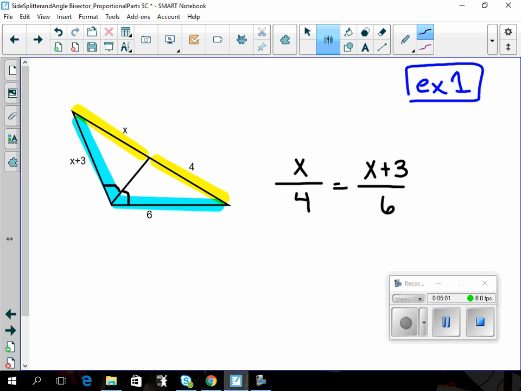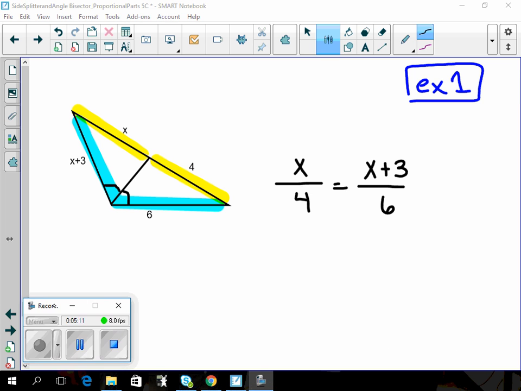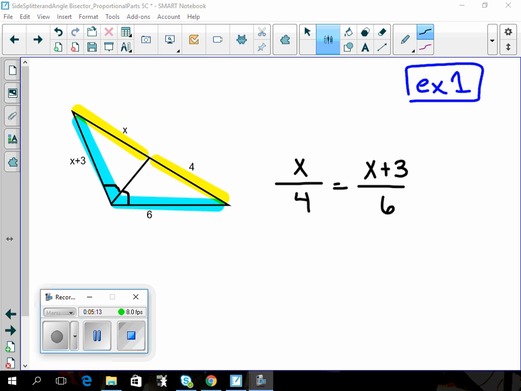Now we just need to cross multiply. We know how to do that. We did this at the beginning of class in our Kahoot. We went ahead and made sure that we were able to distribute where we needed to. Why am I putting parentheses around this? Carlo, why do I have to put parentheses there?